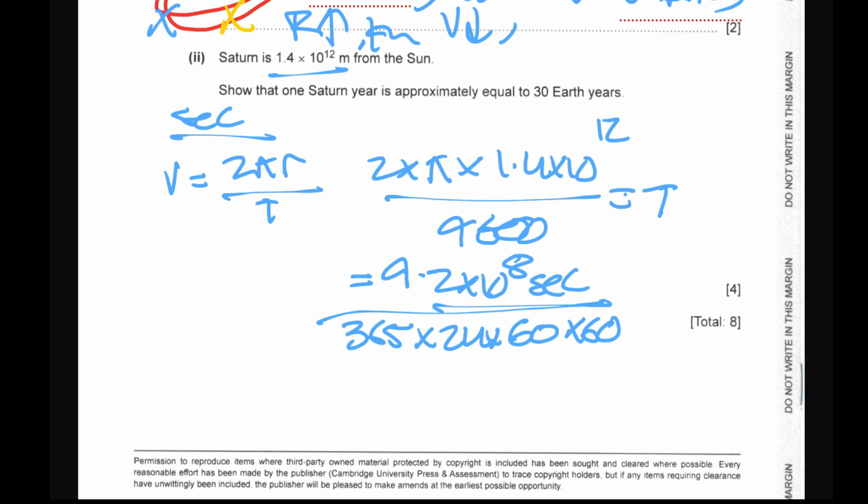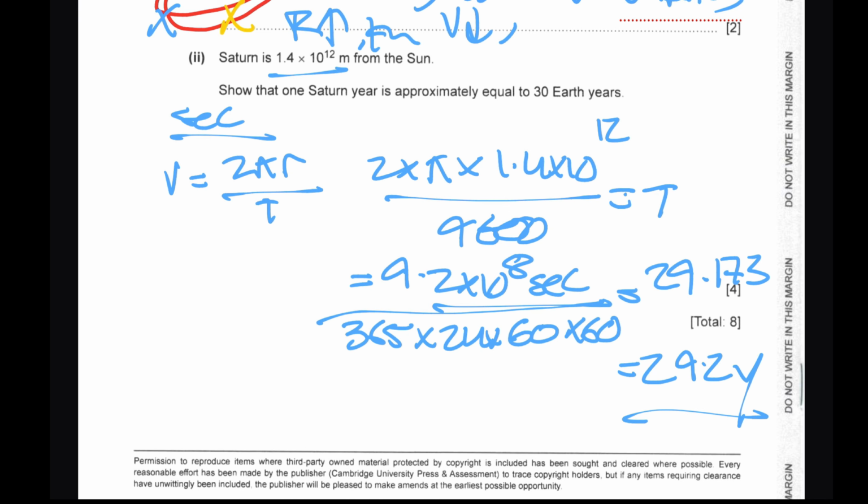If you do this calculation, that gives us 29.173. So you can write 29.2 years, which is approximately 30 years. So there you go. That's it.